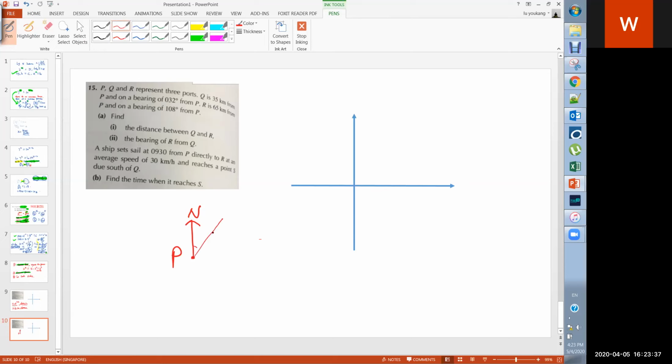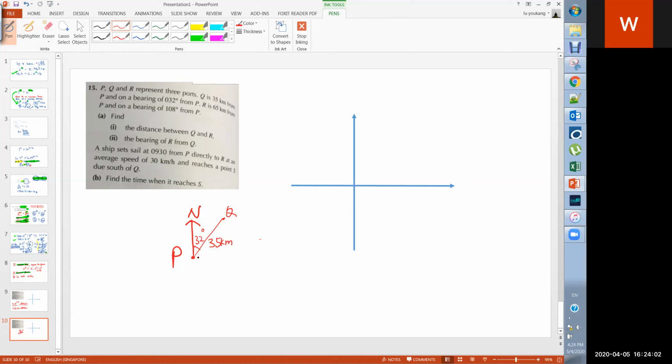For this question, you need to use a protractor. So let's say this is 32. Then 35, this is where Q is. That's how you translate the first statement into mathematical representation.